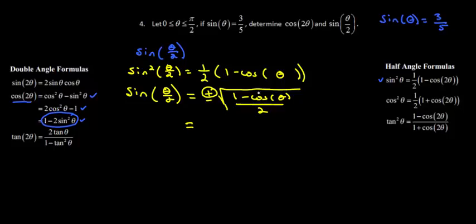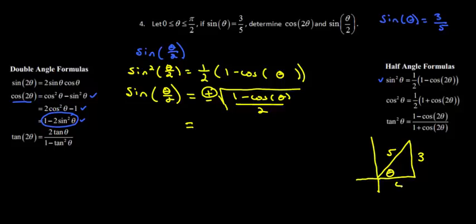The only thing I need to know is cosine of theta. Well, I don't know that. I know sine of theta. So let me draw out a little picture here. Theta is in the first quadrant. The sine of theta is the opposite, which is 3, over the hypotenuse, which is 5.